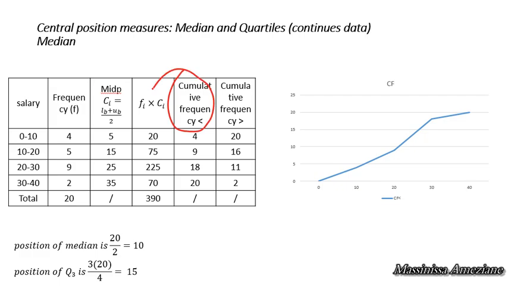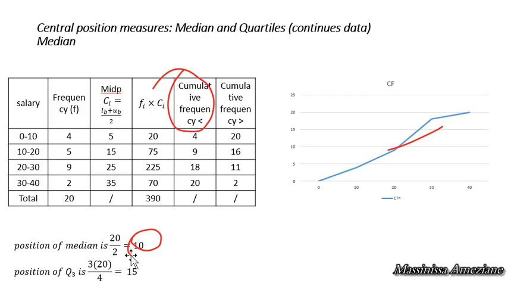Once we have this cumulative frequency graph, it's easy to find any quantiles. So let's start with the median and the Q3. How to find the median graphically? The first thing to do is to find the position. The position of the median is n divided by 2, and we find 10.